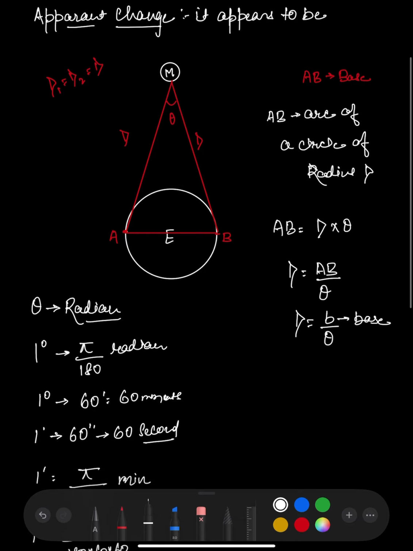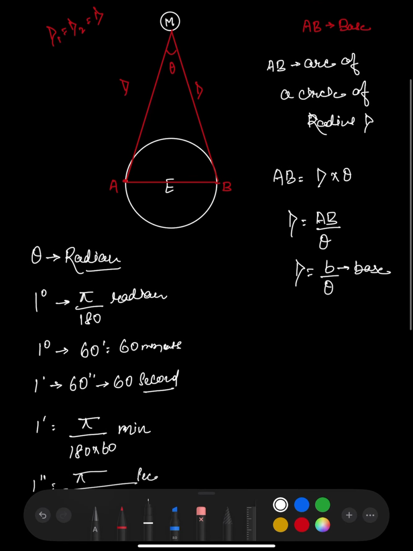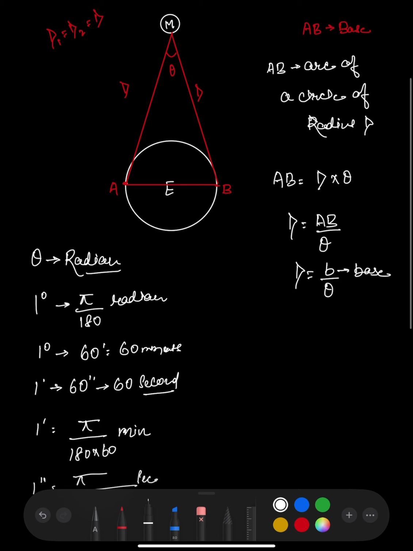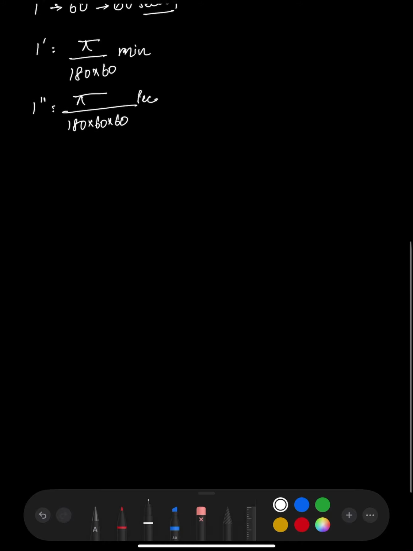We can calculate the distance between Earth and Moon using two diametrically opposite points on Earth. But if there is a very far planet, I won't take the example of a star, then that method is not enough.